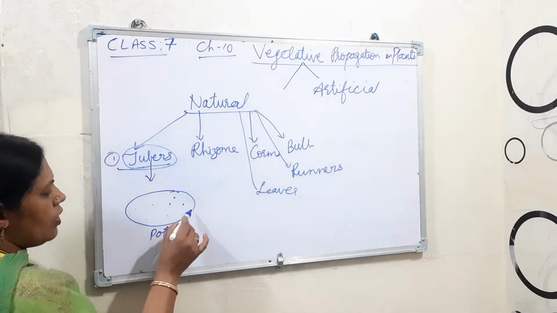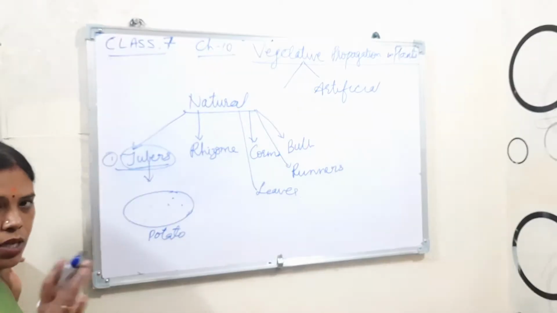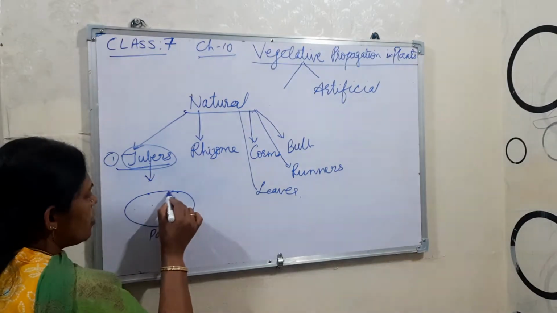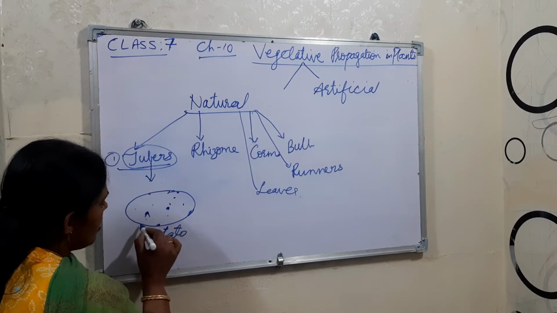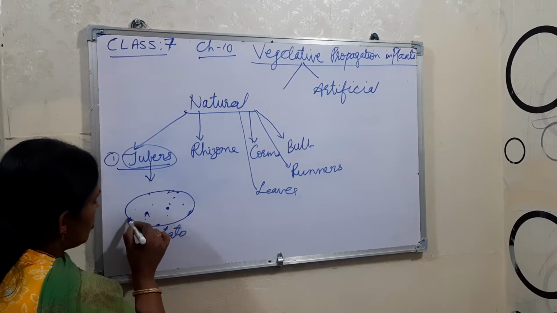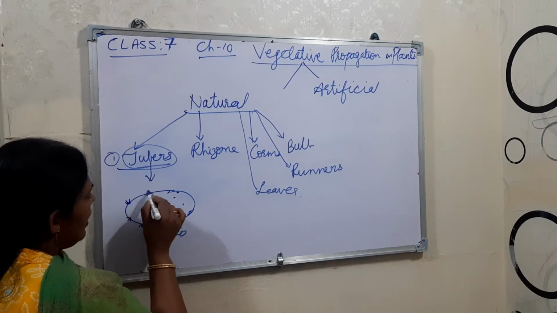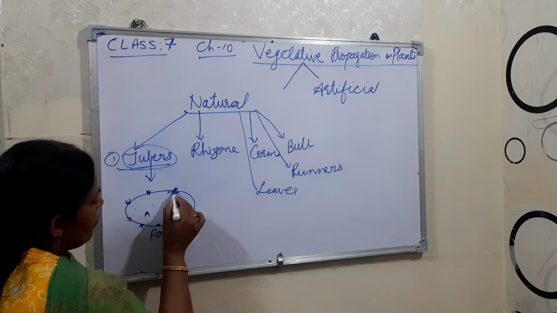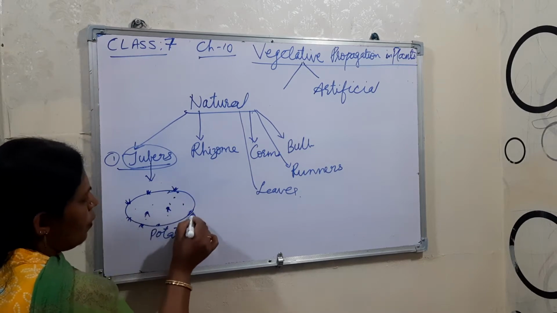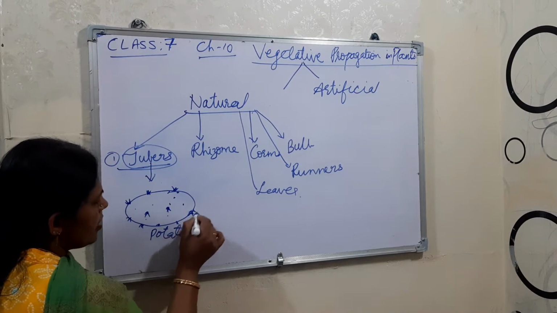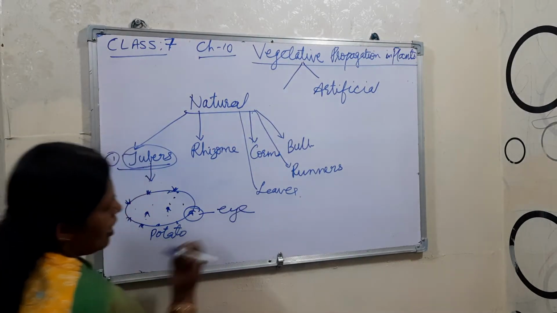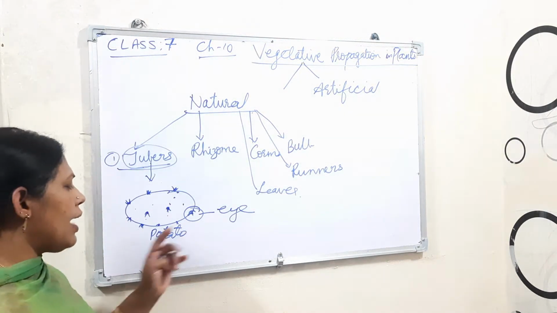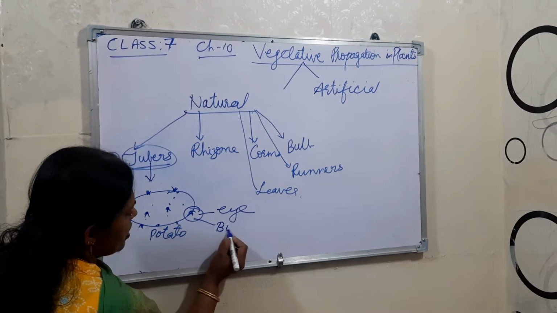How is it? If we keep the potato for some time, what happens? You can see some greenish growth coming out from the corners, from in between. That portion we call the eye of the potato, and that is what produces the buds.